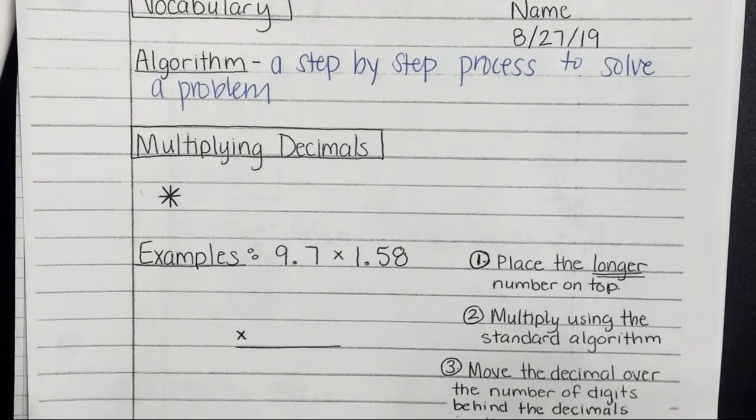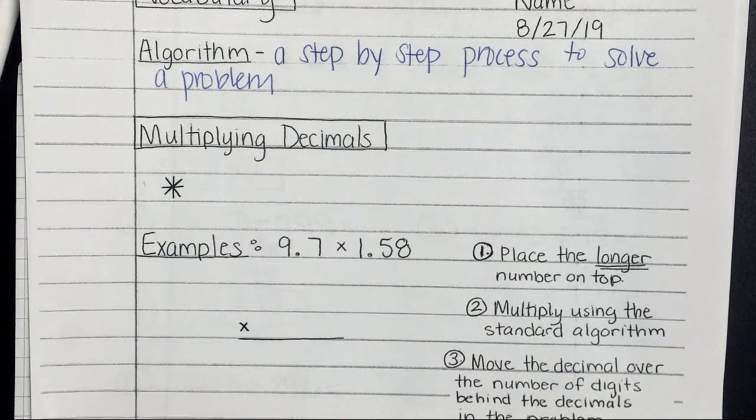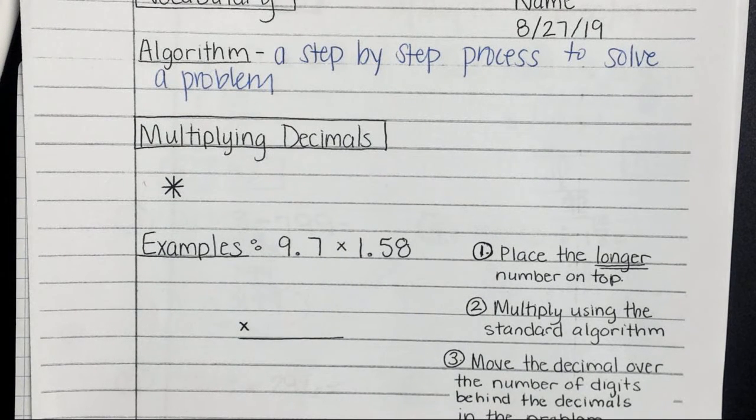So, with algorithms, we've already talked about this year, we have the traditional algorithm for multiplication and division. We're going to use that same algorithm with multiplying decimals. But there is one rule about decimals that we do differently when multiplying that we don't do with adding and subtracting. What is that? What did we say yesterday?